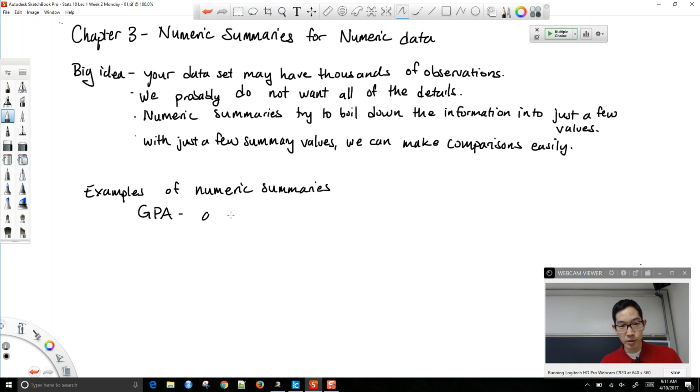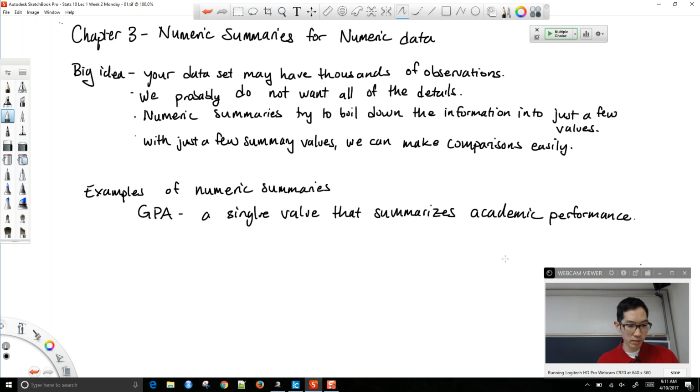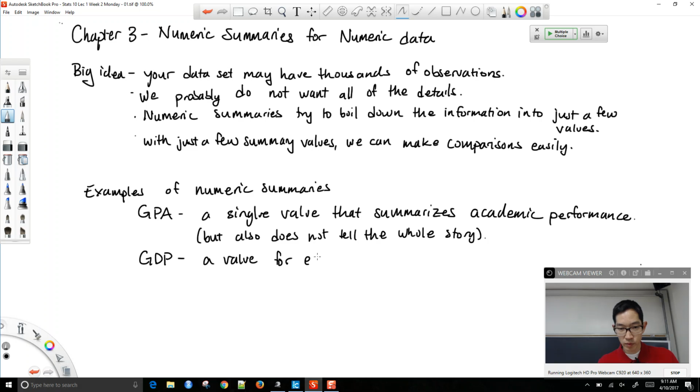So the GPA, it's a single value. And then so these are kind of numeric summaries that serve specific purposes.